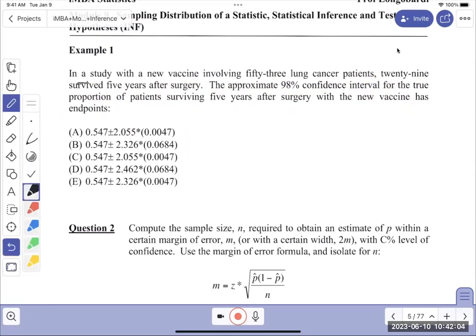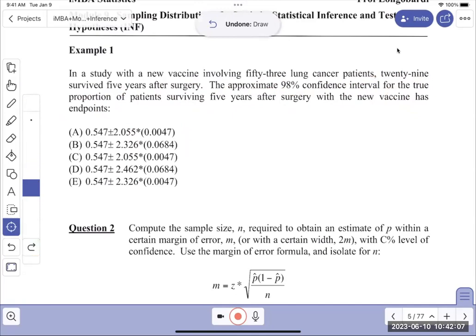In a study with a new vaccine involving 53 lung cancer patients. What symbol represents 53 lung cancer patients? Close, but not X. Let's read the next part. 29 survived 5 years after surgery.